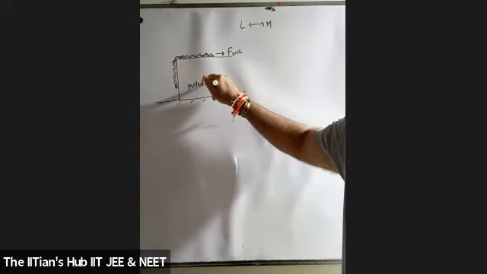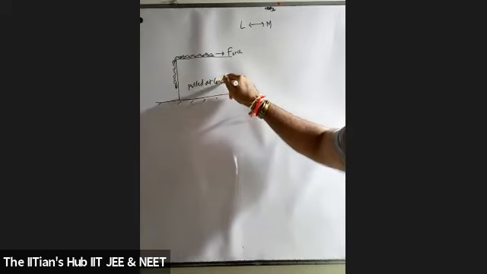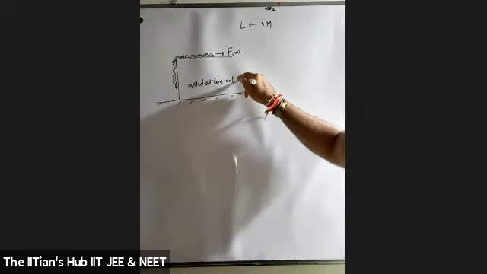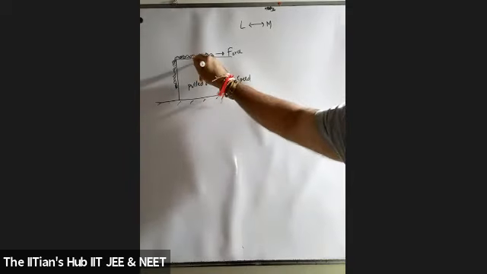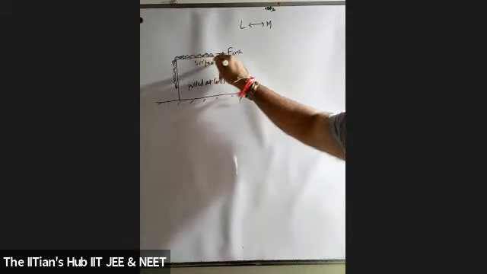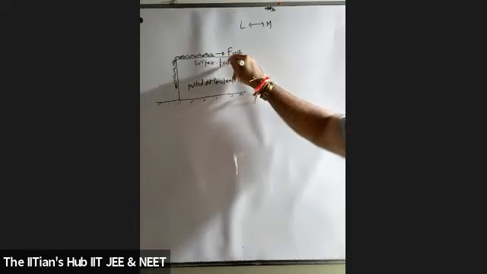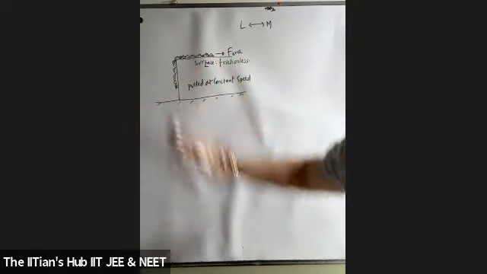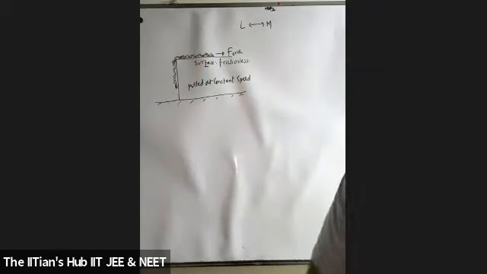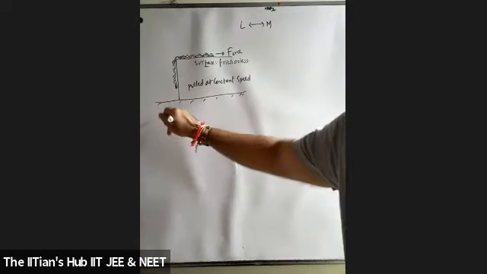Pulled at constant speed. Are you getting it? The surface is frictionless. There is no friction acting on the surface. Okay? Calculate the work done.